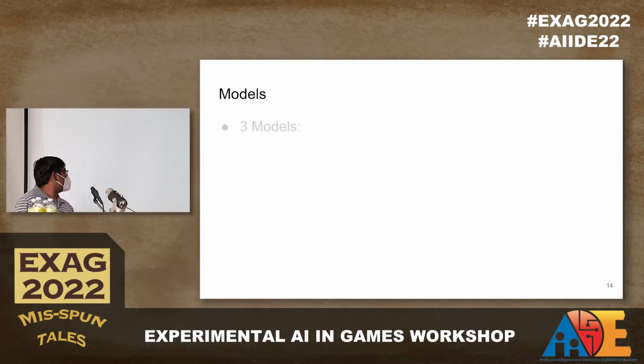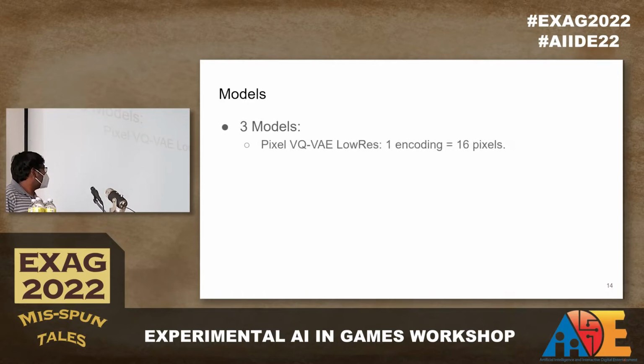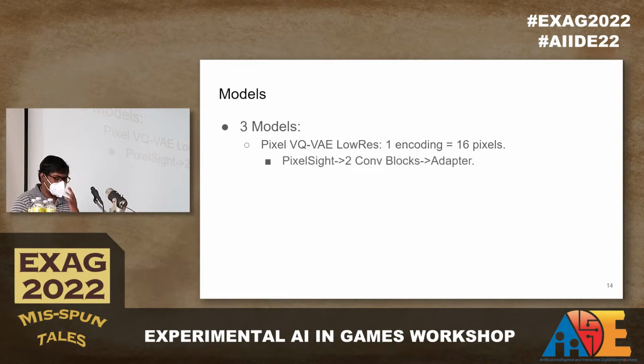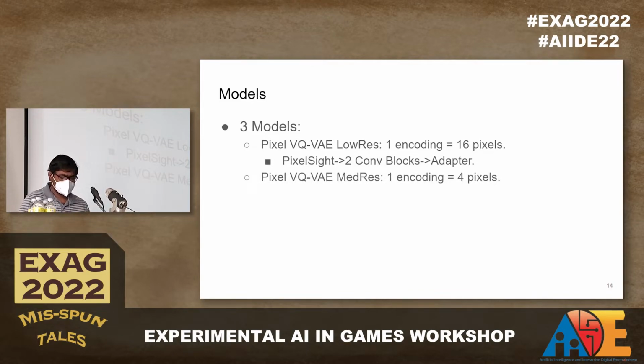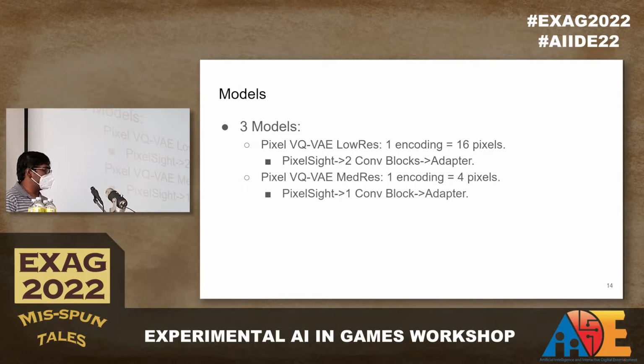In terms of models, we train 3 different models. The first is the Pixel VQ-VAE low resolution. So here, each of those encodings that I mentioned earlier corresponds to 16 pixels in the image. This results in a lower resolution model. This model uses 2 convolutional blocks alongside our 2 enhancements. The medium resolution is similar. It uses 1 convolutional block and each encoding corresponds to 4 pixels.